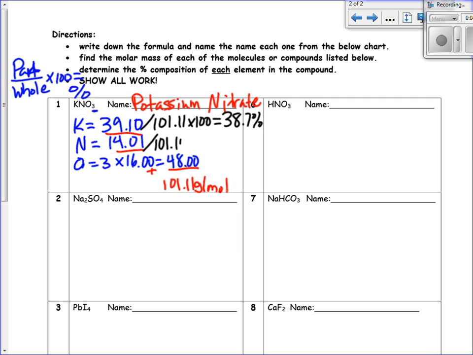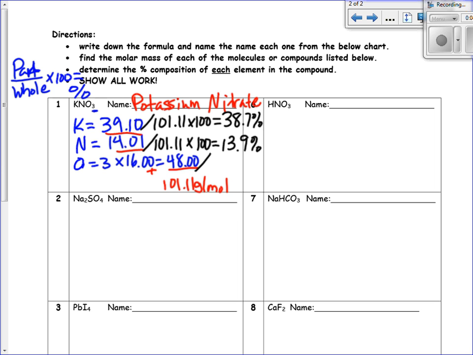If I want to find the percentage that comes from nitrogen, I just take my 14.01 and divide it by the entire mass of the compound, multiply by 100, and that should give me a smaller percentage, obviously, because nitrogen's mass is smaller. Does everybody see that? So this one ends up being 13.9%.